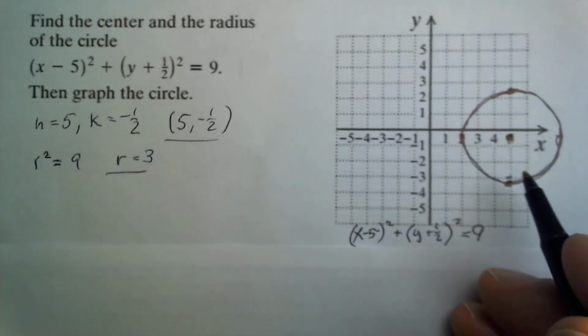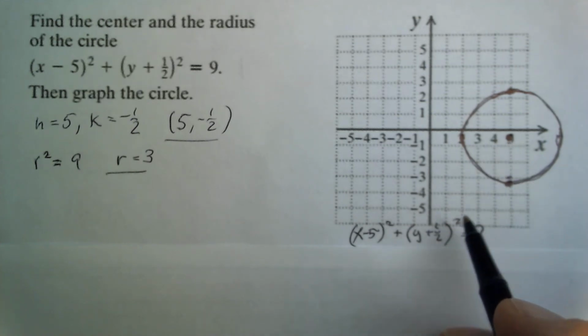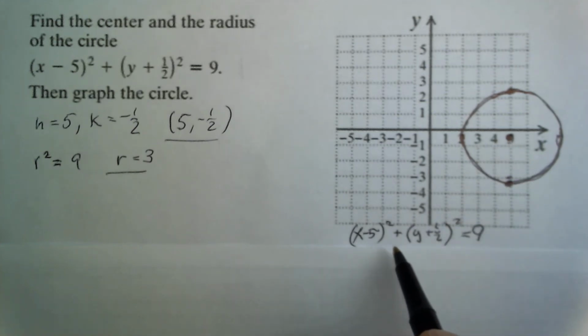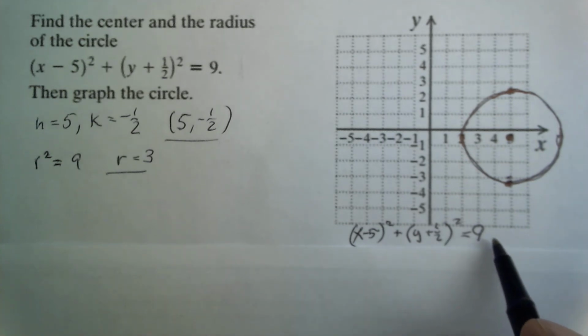And here's a graph with the center of the circle at 5 comma minus 1/2, and the equation is x minus 5 squared plus y plus 1/2 squared equals 9.